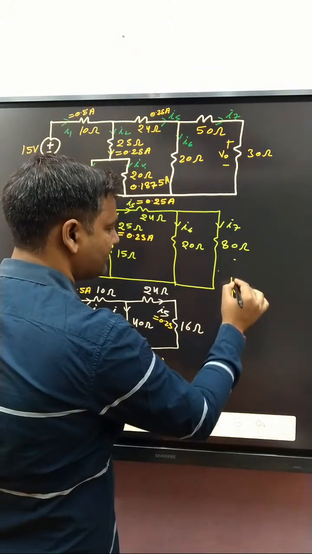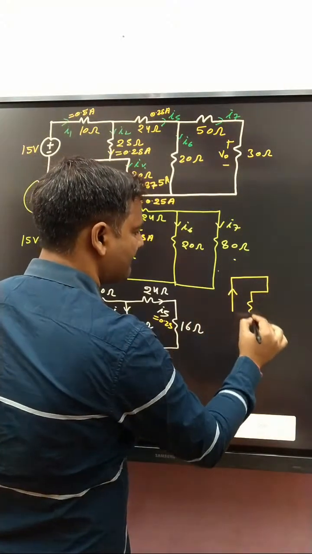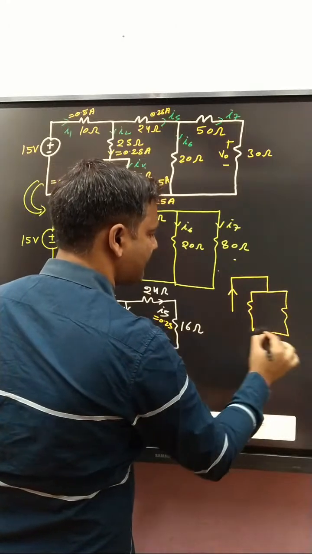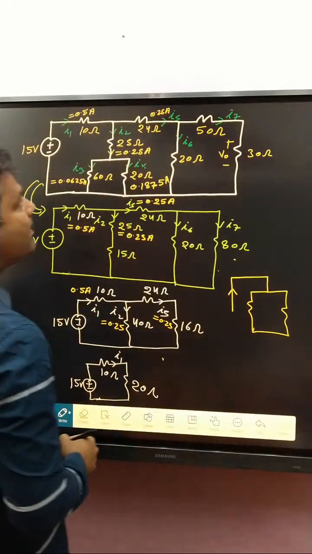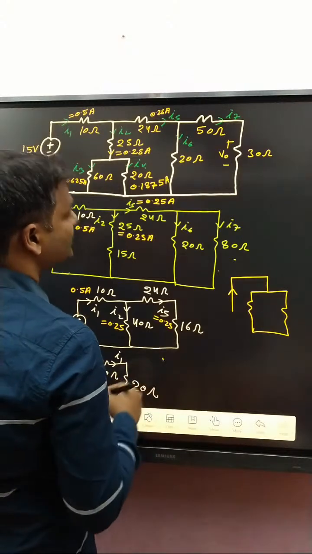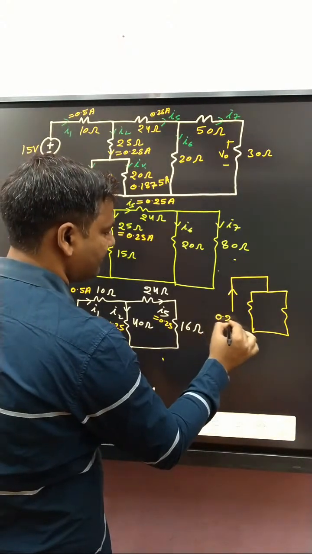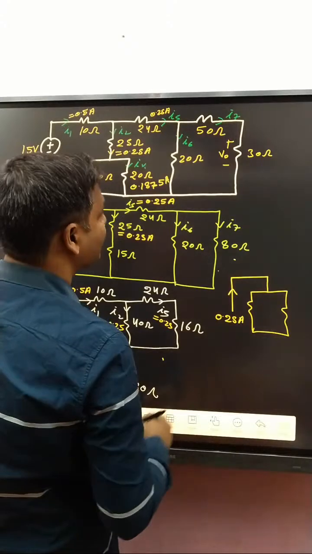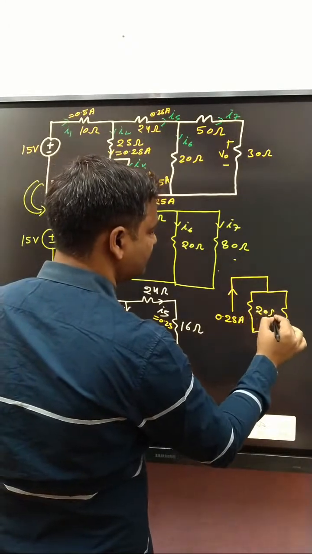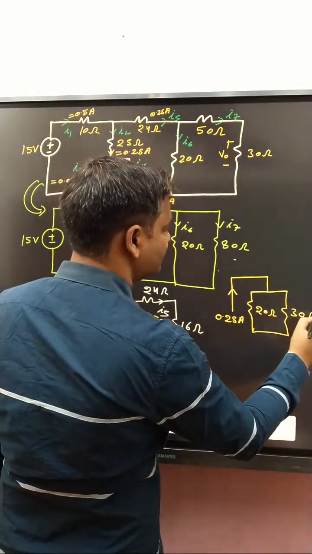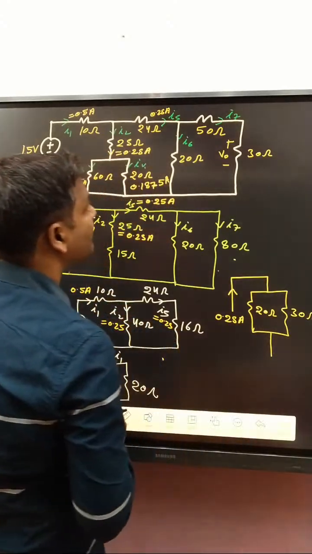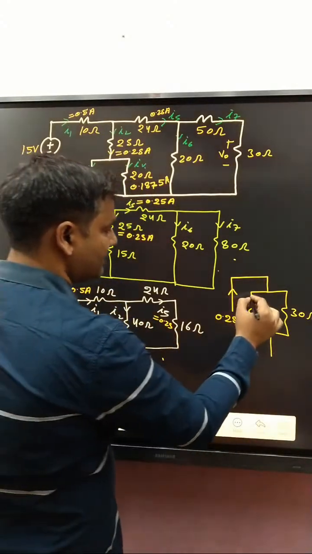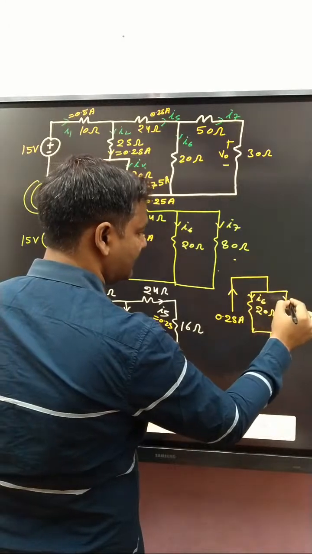I5, okay, I5 is how much? 0.25, and that one is 20 ohm, and that one is 30 ohm. Okay, here I6 and here I7.